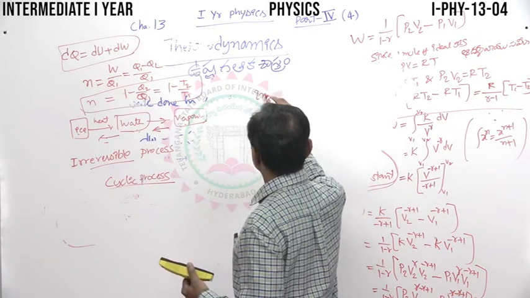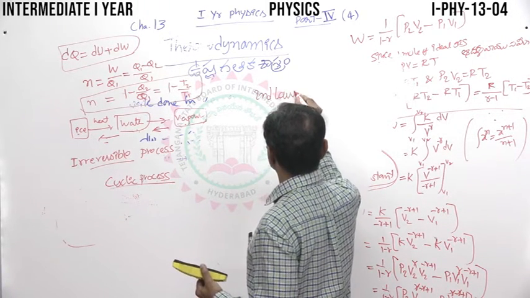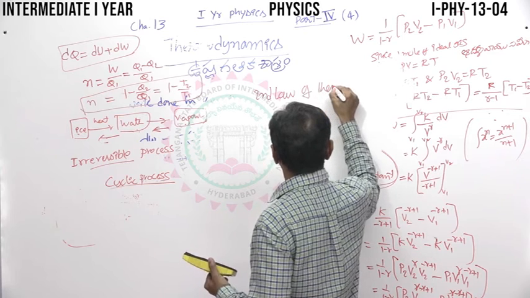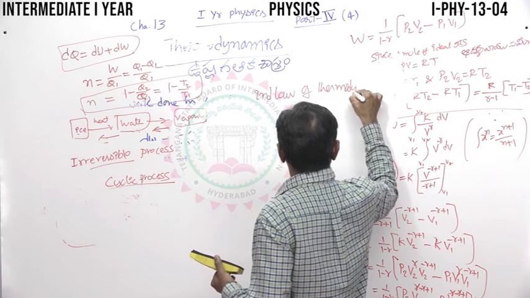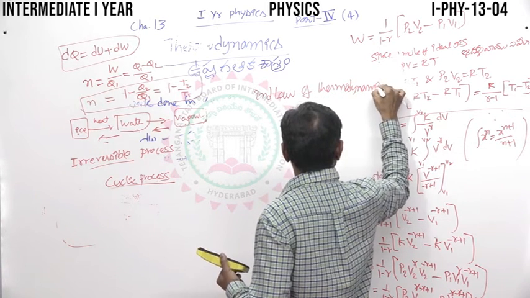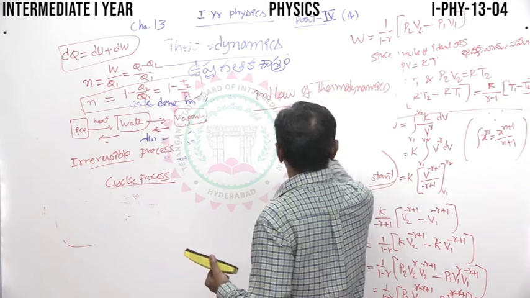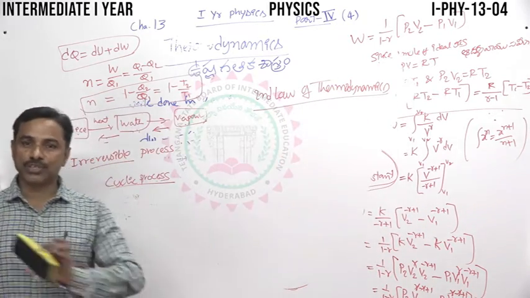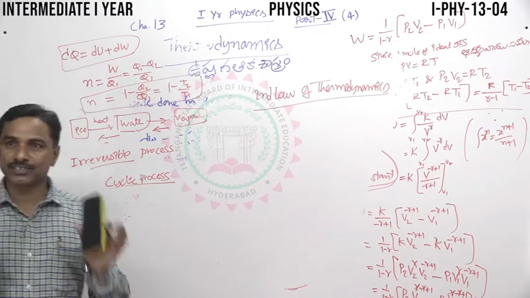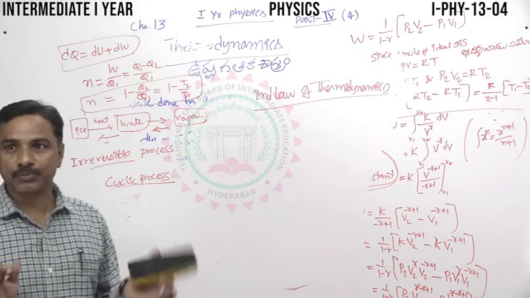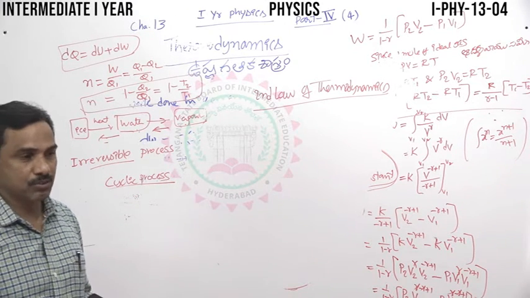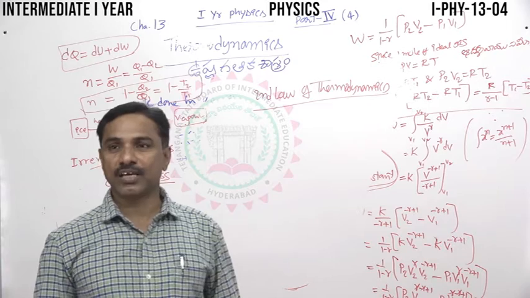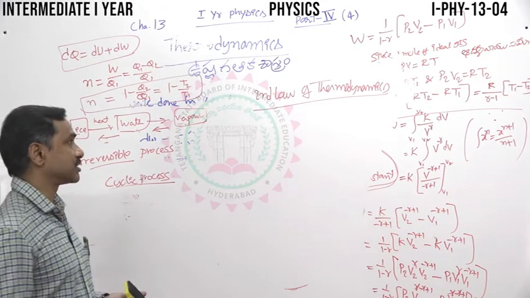This is the second law of thermodynamics. It is impossible, meaning not possible, to design or construct a heat engine with 100% efficiency. We have two different statements: the Kelvin-Planck statement and the Clausius statement.